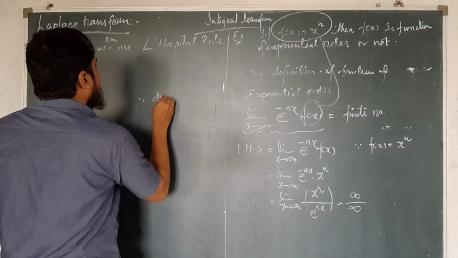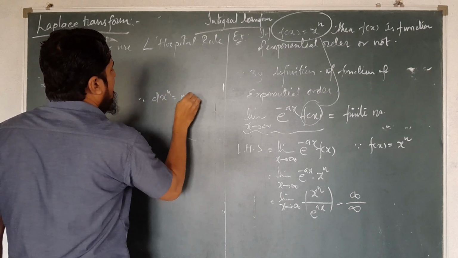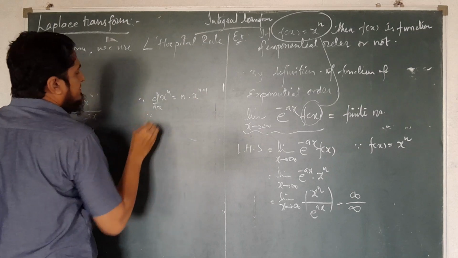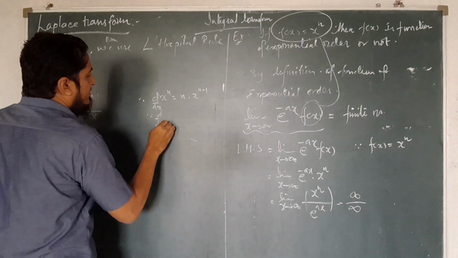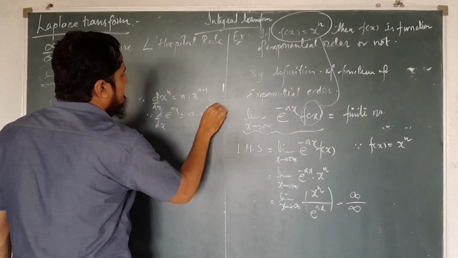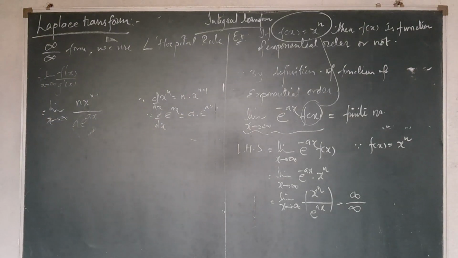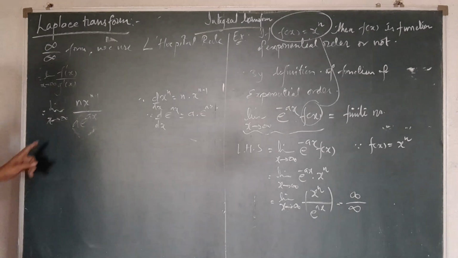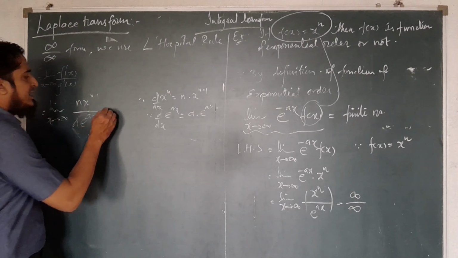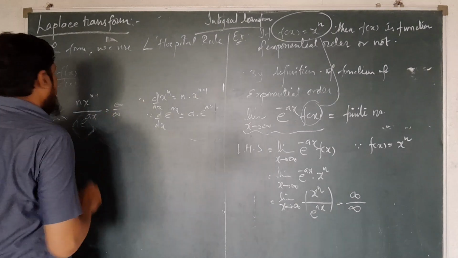Since the differentiation of x raised to n is n into x raised to n minus 1, and the differentiation of e raised to ax is a into e raised to ax. Correct? Now, if we put the limit of x in this expression, again we will get infinity upon infinity.